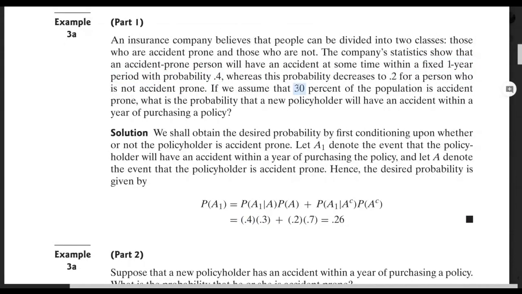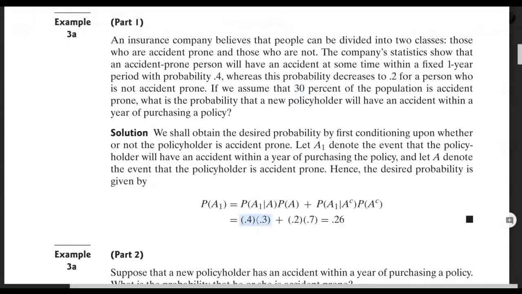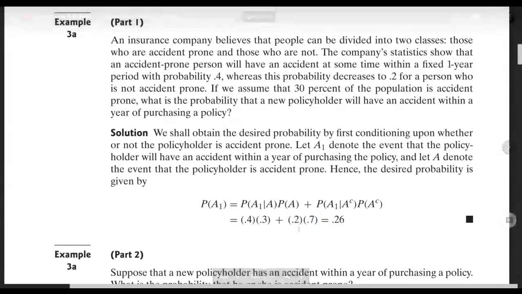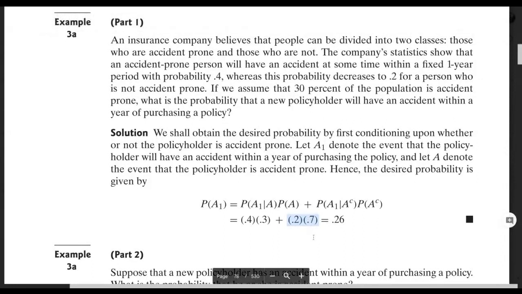Then 30% of the population is accident prone, so probability of A. Then plus the complement part, which is given: 0.2 if not accident prone, multiplied by 1 minus 30%, which is 70%, which is 0.7, not accident prone. So add those two numbers, we get 26%.